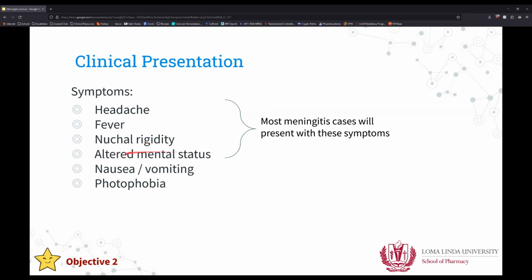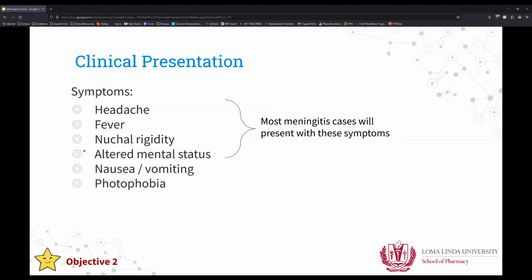And altered mental status, typically described as A&O times 1, 2, 3, and 4, where A&O stands for alert and oriented. That is the provider assessing the patient's mental status, asking various questions and seeing how the patient responds.